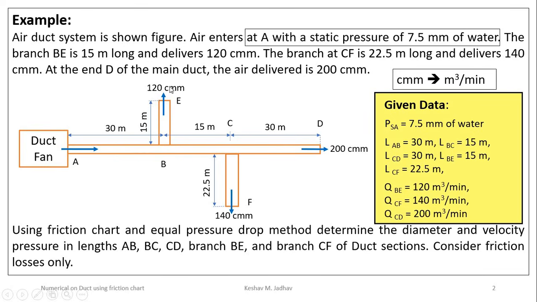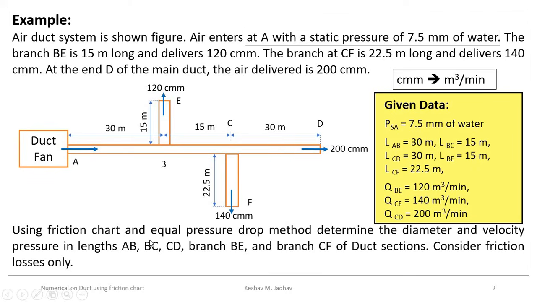Volume flow rate through branch BE is 120 meter cube per minute. Volume flow rate through branch CF, QCF, is equal to 140 meter cube per minute. And volume flow rate through CD section, QCD, is equal to 200 meter cube per minute.